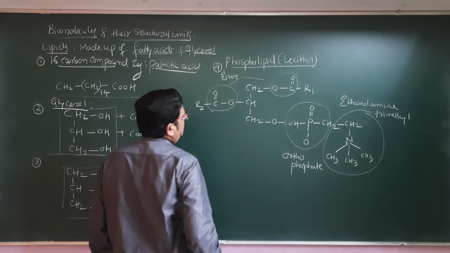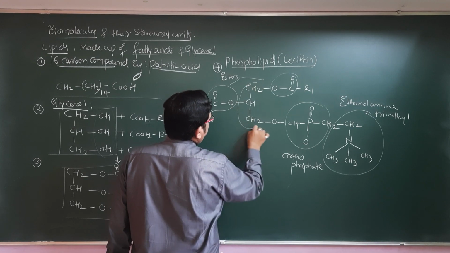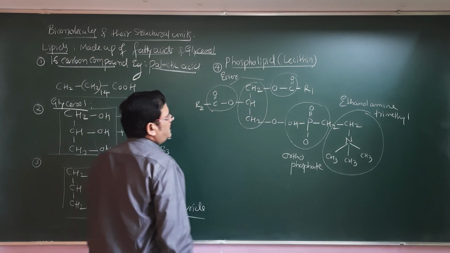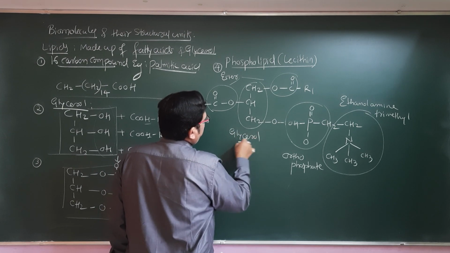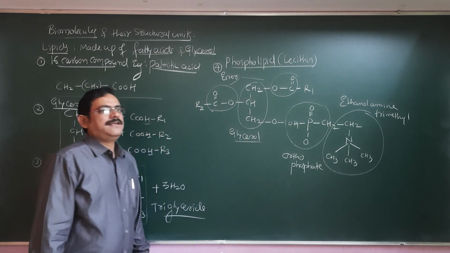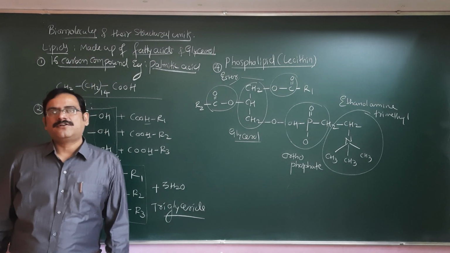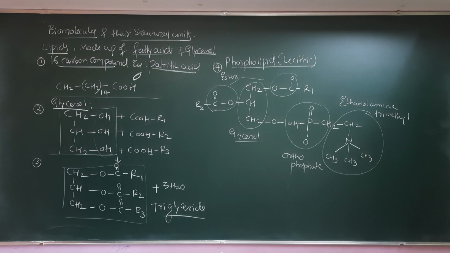So this CH2, CH, and the O, what we find is glycerol. With this kind of complexity, it is called a phospholipid having an orthophosphate in it. So it is very essential that you need to know how the compounds keep on becoming complex, what we call the phospholipid.